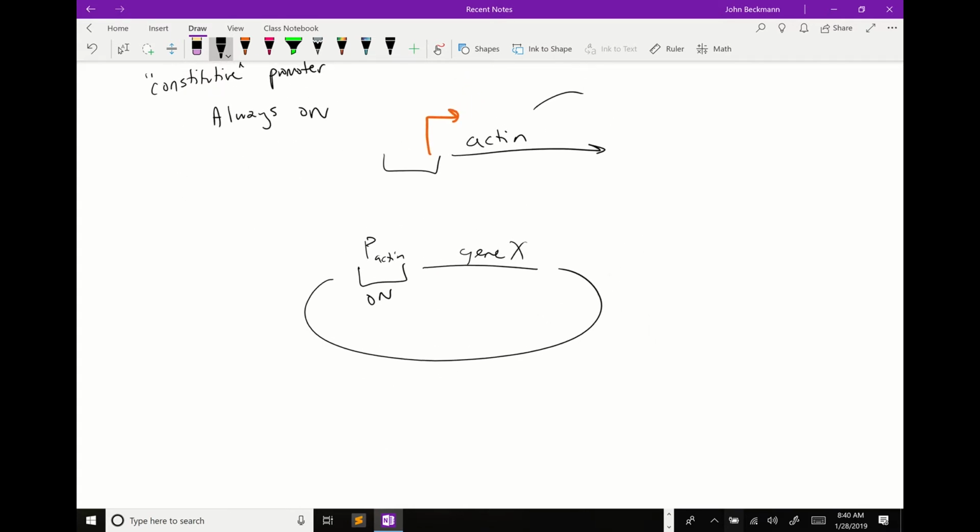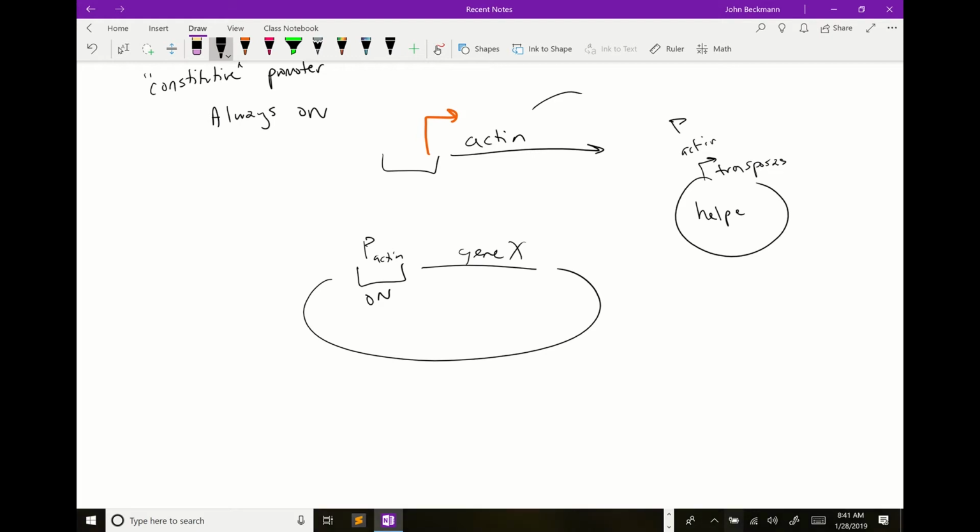A good example of this is our suicide plasmid, our helper. We'll put the actin promoter in front of that transposase, and as soon as we put that plasmid into the cell, it's making the transposase. Does that make sense? So that's a good case where we actually use a constitutive promoter.